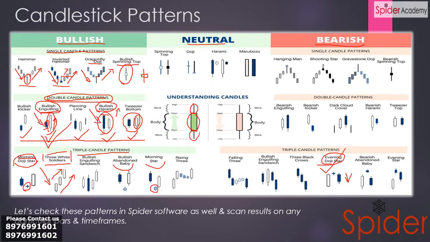Okay, so if you observe the body, there is a very thin body, and also wicks are very small. So this candle is called as doji.